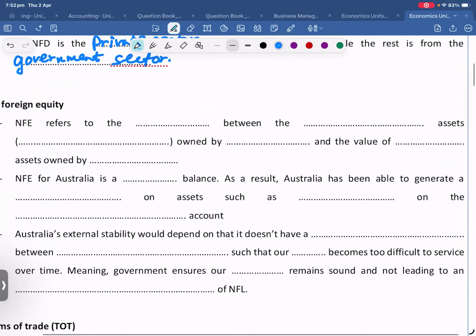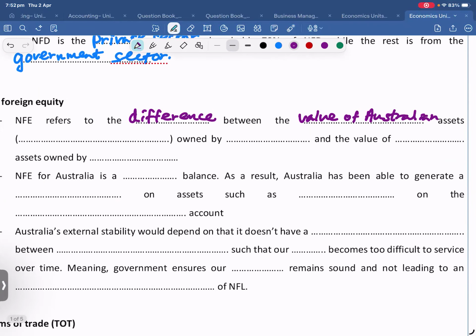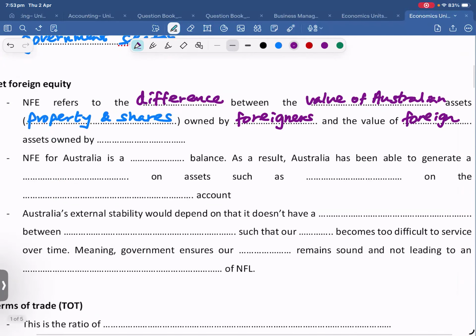NFE refers to the difference between the value of Australian assets, meaning property and shares owned by foreigners, and the value of foreign assets owned by Australians.